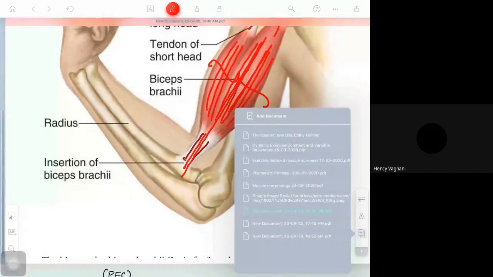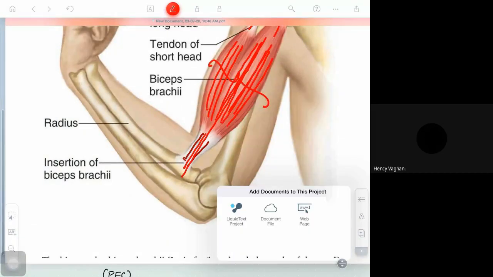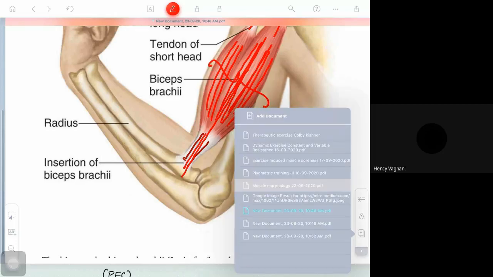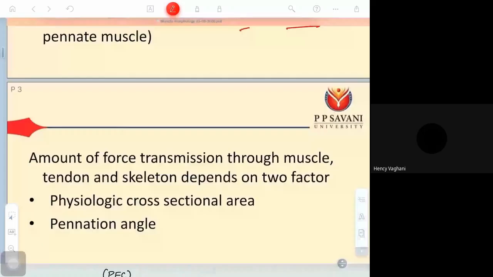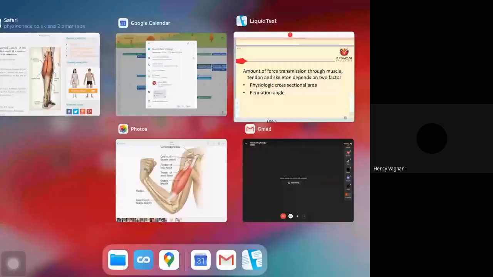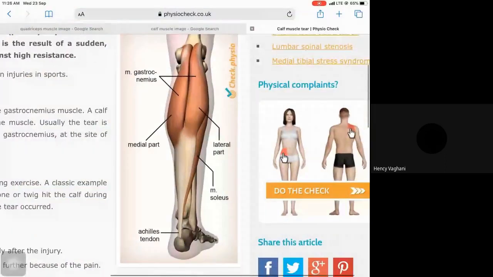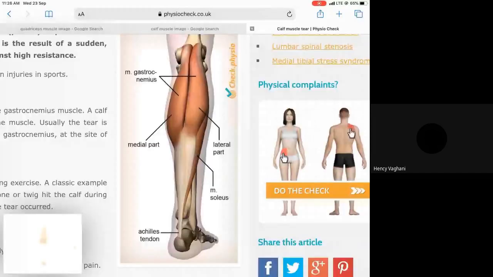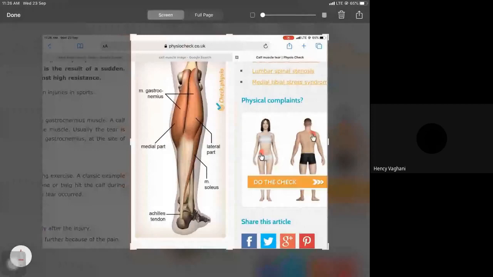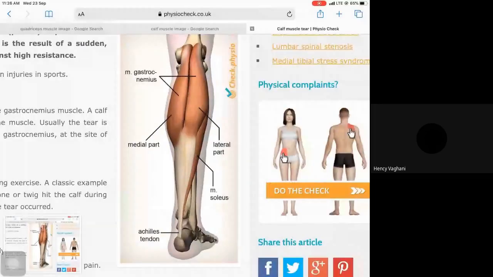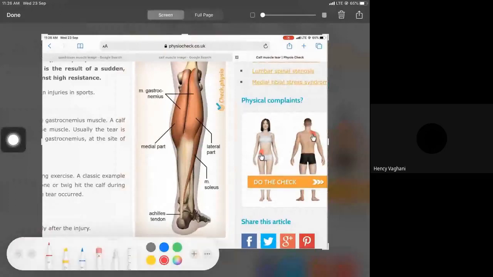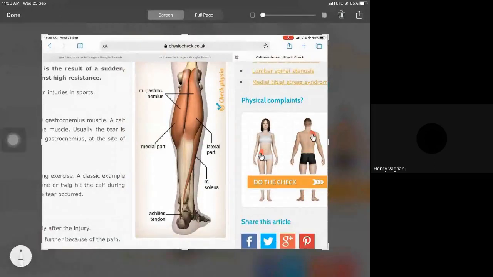So the example is calf muscle. So I'll explain. Here is an image, calf muscle. If you see the calf muscle here, this is the tendon.